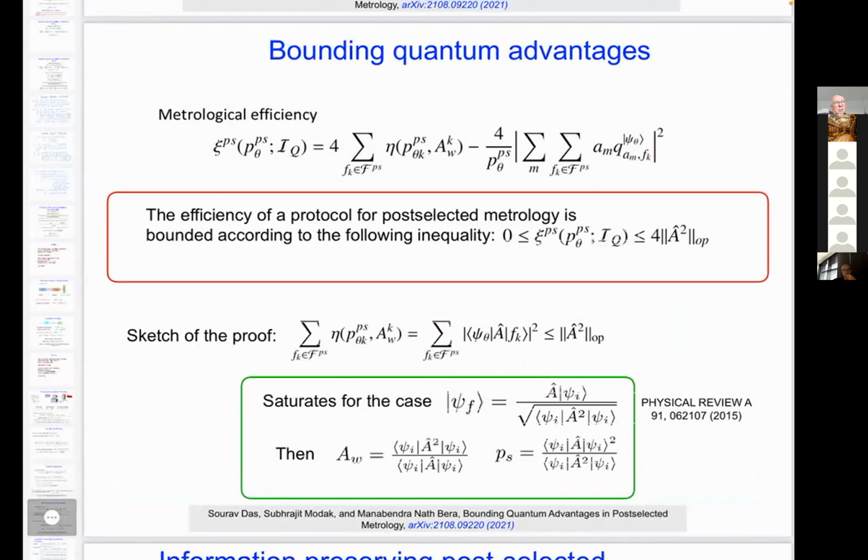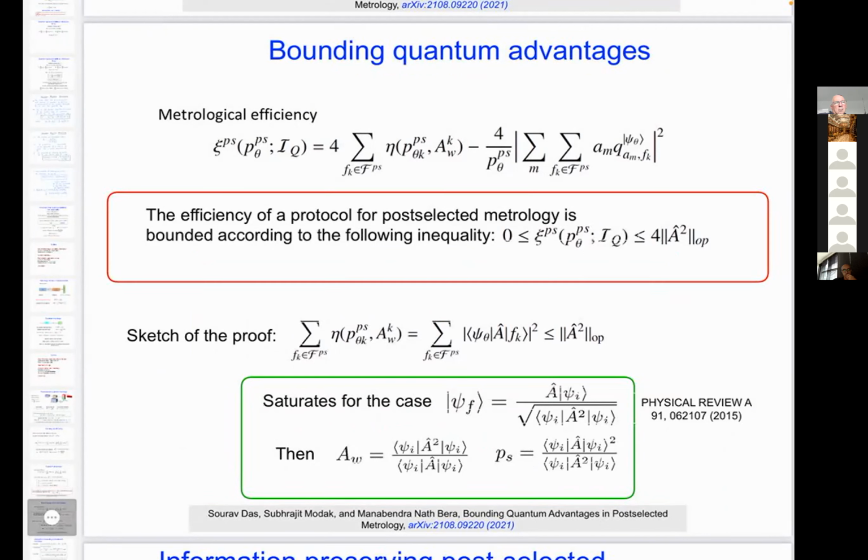Now we wanted to ask a question: when your Fisher information goes towards infinity, your probability cannot have that kind of unboundedness. So is there any bound on the metrological efficiency? Yes, there is a bound: it is less than or equal to 4 multiplied by the square of the operator norm of the system observable.